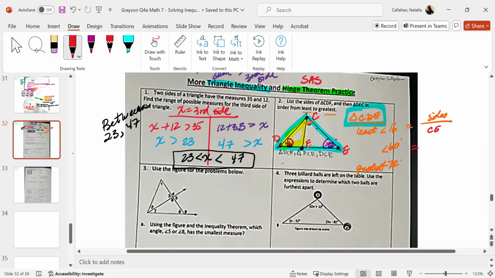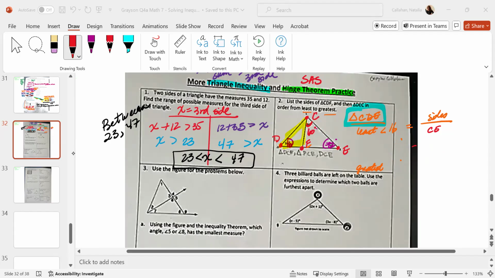What side is opposite of 60? And what side is opposite of 72? I think that's 60 right here, just this part right here. Because there's no way DE is smaller than DC.